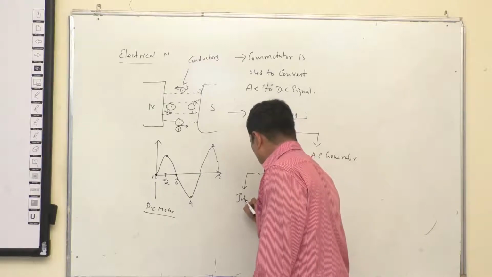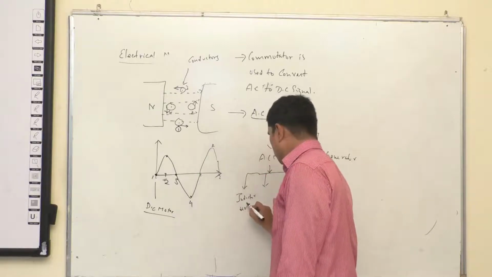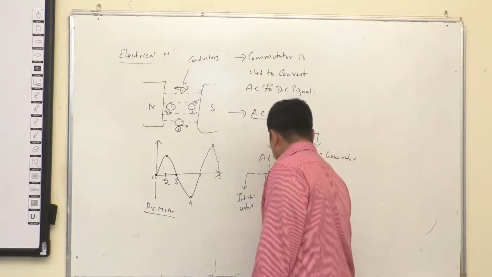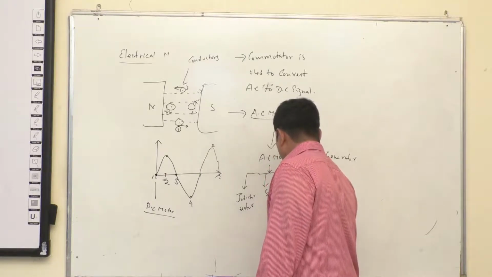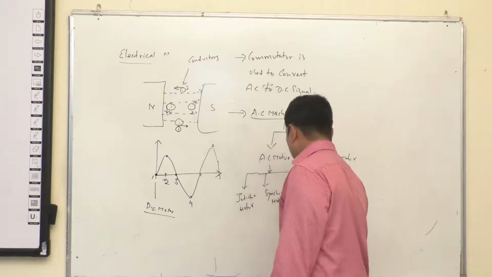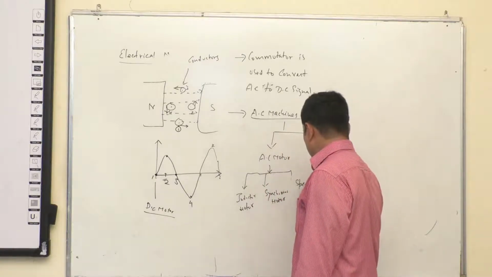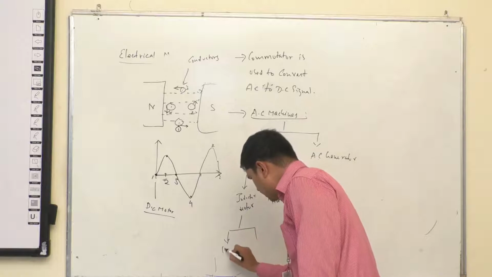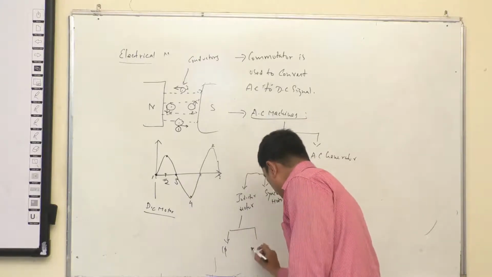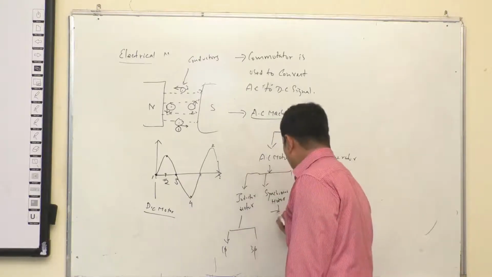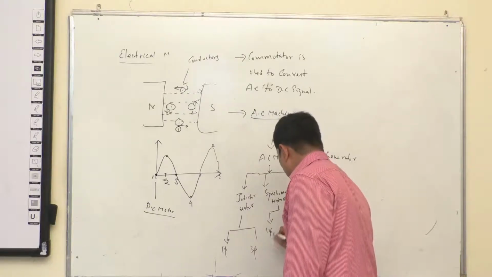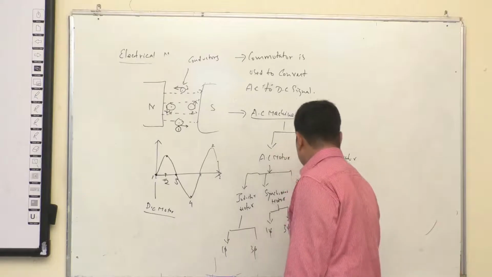One is the induction motor, another is the synchronous motor. This is called special machines, special motors. In the induction motor, again we go for classification: a single phase induction motor and a 3 phase induction motor. For synchronous, we add single phase synchronous machine and 3 phase synchronous machine.